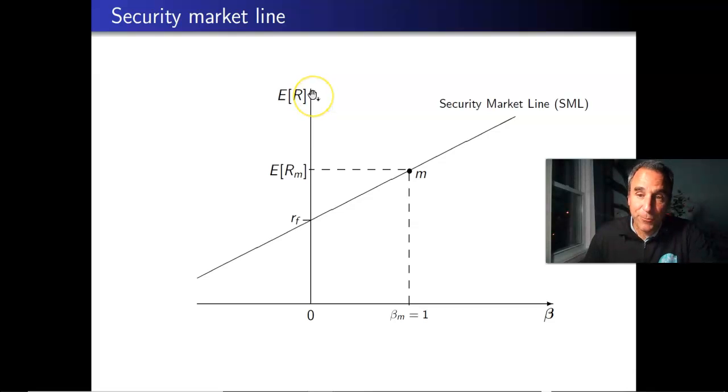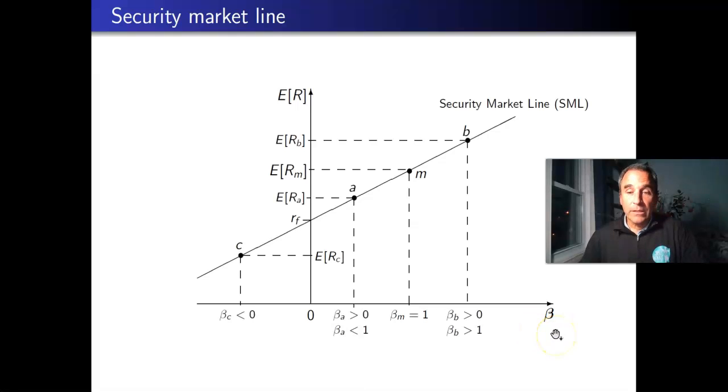So the security market line gives us the relationship between beta here and expected return. When we were dealing with the capital market line, the value of the horizontal axis was standard deviation. So here we have B, an asset with a beta greater than 1. M is the market portfolio, the beta of M is equal to 1.